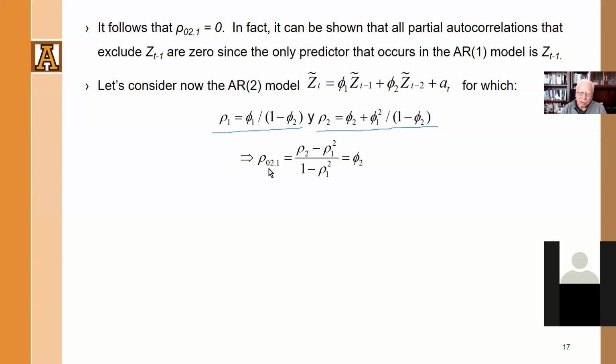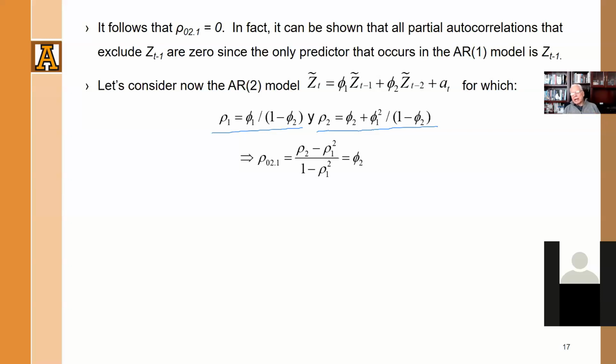Now, if we compute the partial autocorrelation between Z_t and Z_{t-2} given Z_{t-1}, and replace the values for rho_1 and rho_2, what you get is that the partial autocorrelation of lag 2 given Z_{t-1} will be equal to phi_2, which is the coefficient for Z_{t-2}.